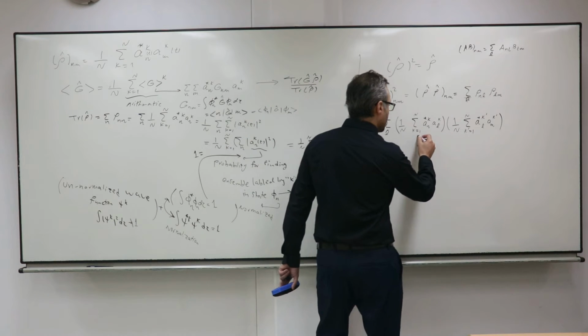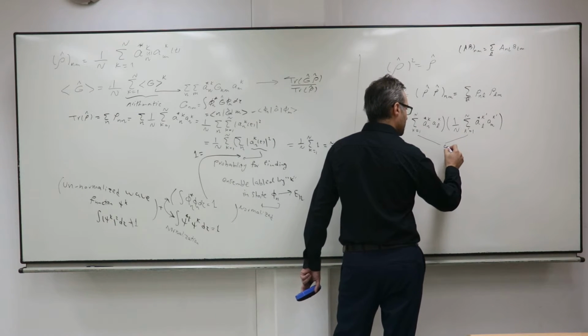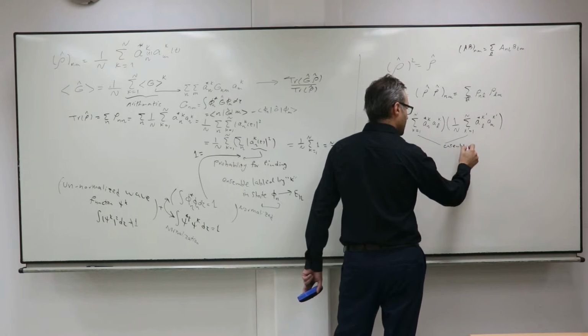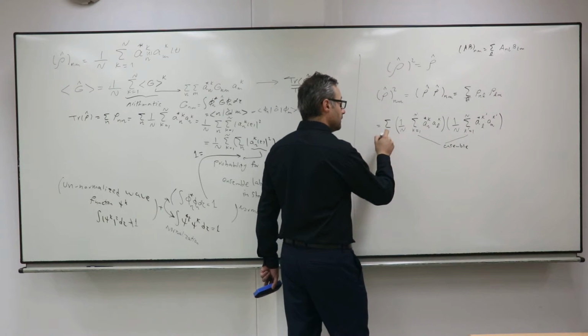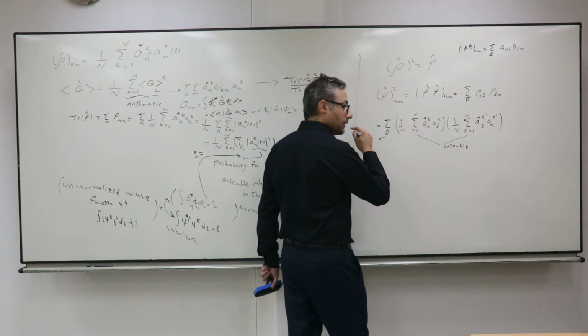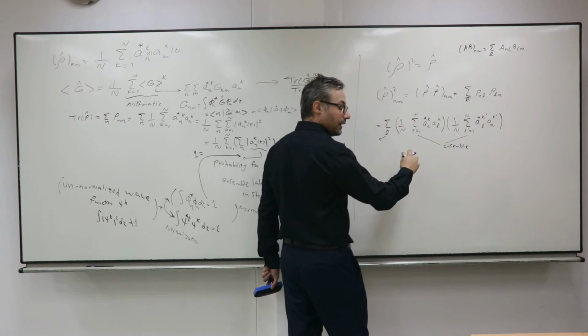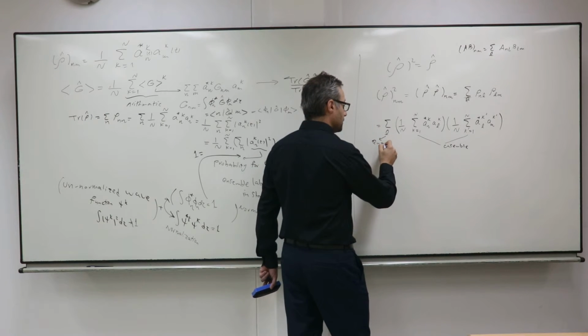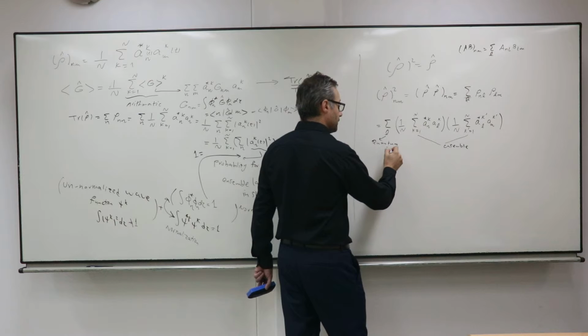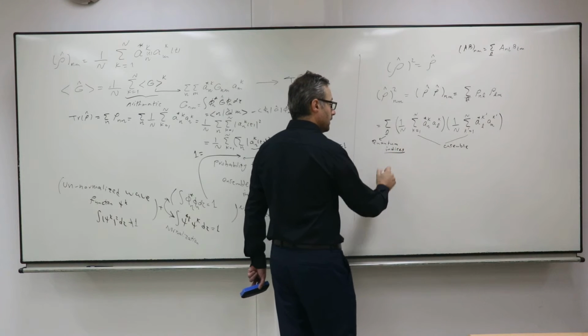These two indexes refer to the summation over the ensemble. They are completely different, and these indexes run over the n or over the L. So these are the quantum indexes, actually, if you can call it that.